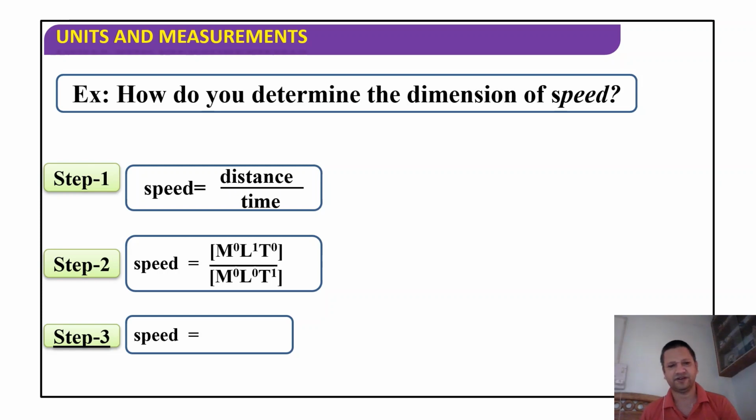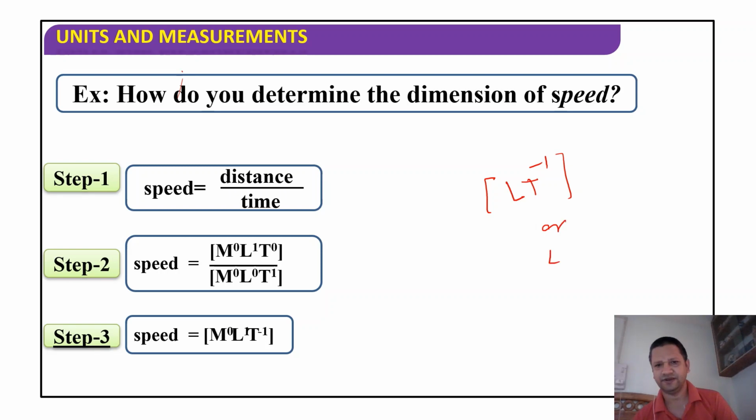When we club numerator and denominator together, it becomes M0 L1 T minus 1. So this is the dimensional formula. We can also write this in a particular form, that is L T minus 1. So either we can write like this, or we can write M0 L T minus 1.